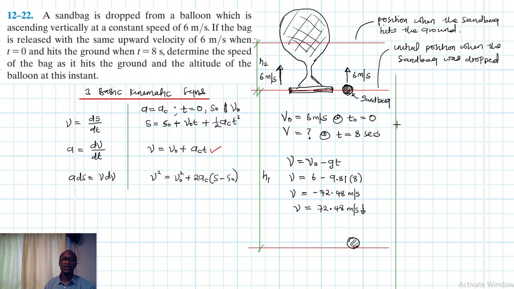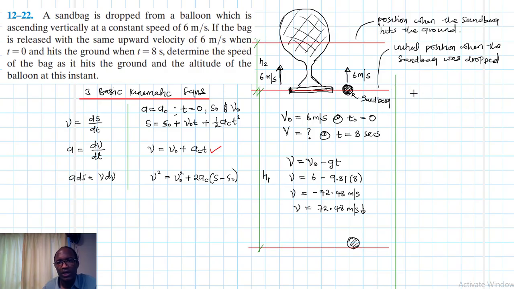Great. So therefore, the altitude of the balloon at this instant, the altitude of the balloon, is going to be equal to H1 plus H2.